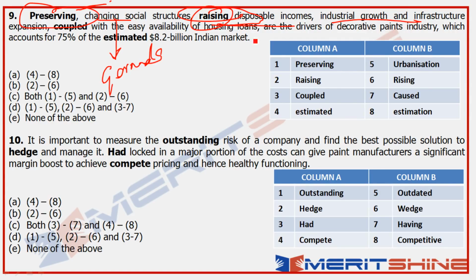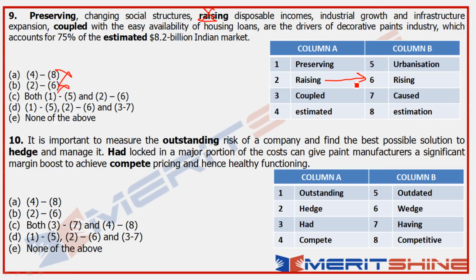So there will have to be a noun. So what is it replaced with? Urbanization. Urbanization is definitely something which will be replaced here. So 1 5 would be there, 4 8 eliminated, 2 6 eliminated. Now raising is also eliminated, because raising has to be made with rising, because you're doing it: preserving, doing it, changing, doing it, rising.